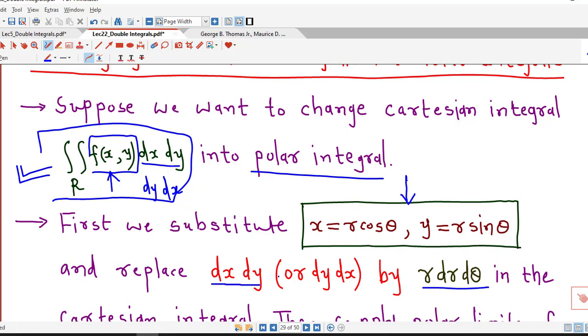Be careful here: this r is an additional term. We are not replacing dx dy by dr d theta, but by r times dr d theta.